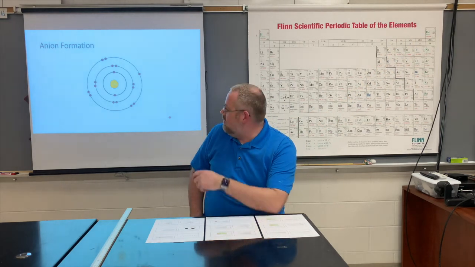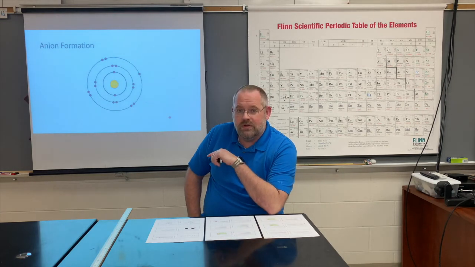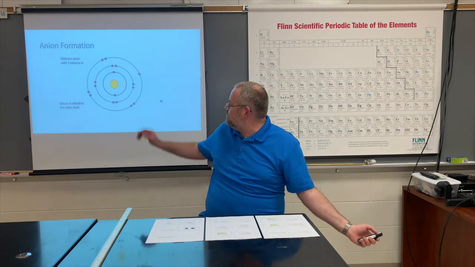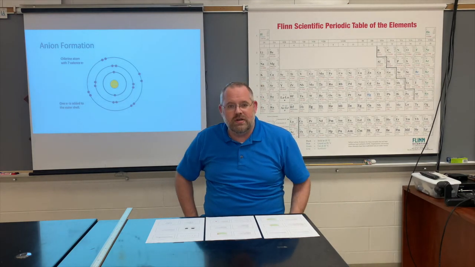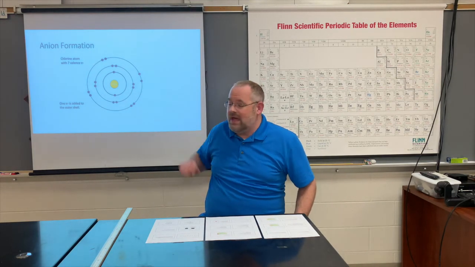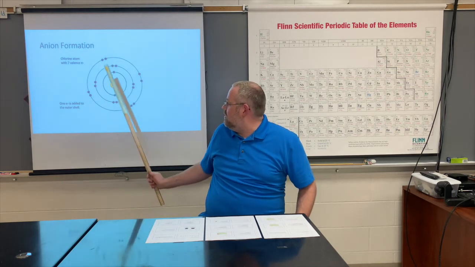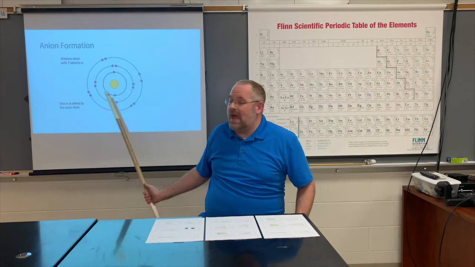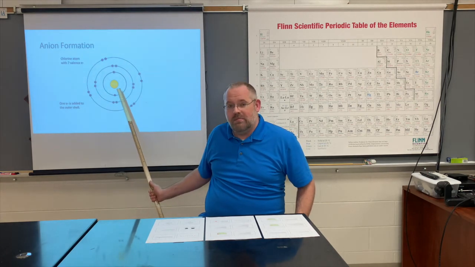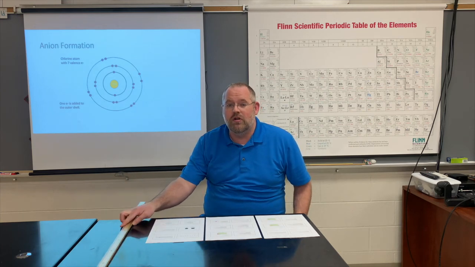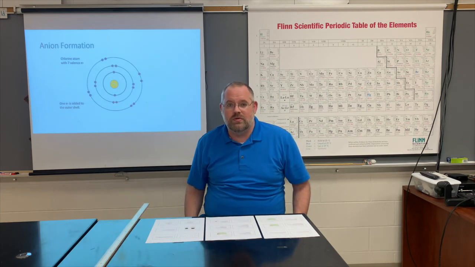So what chlorine is going to do is steal this 1 electron and put it in its outer shell. Now it has 8, but it went from 17 protons to now 18 electrons. So 17 positive, 18 negative gives me an overall -1 charge, okay?